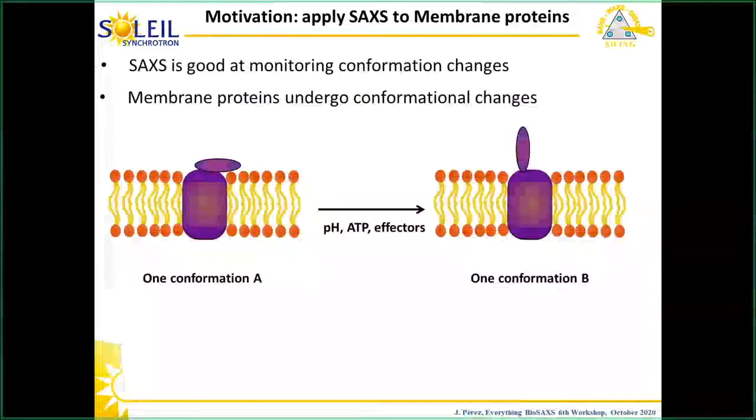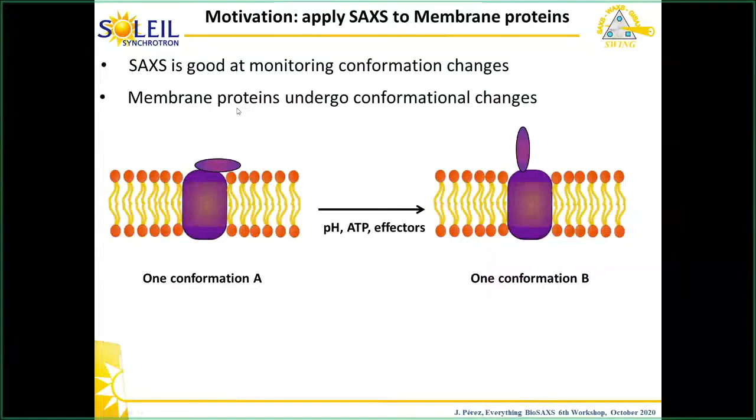So the motivation, which was my motivation actually, which started about 10 years ago, was what can I do to apply SAXS to membrane proteins? Because we know that SAXS is good at monitoring conformational changes.